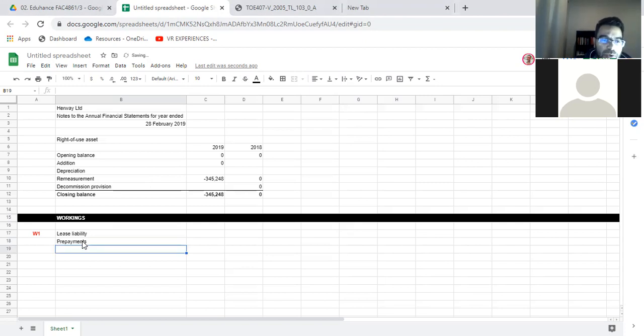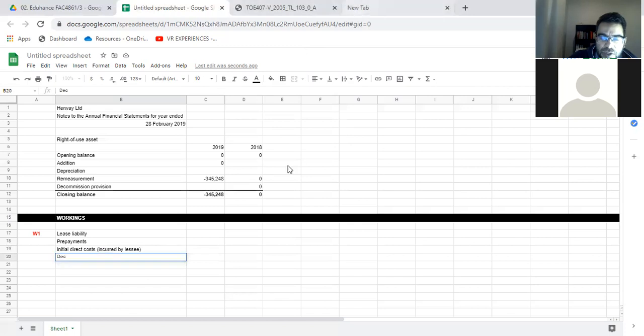And the other one is initial direct costs, but not any initial direct costs. It must be incurred by the lessee. Another scenario might give you 2 types of initial direct costs, one incurred by the lessee and one incurred by the lessor. In this case, we're only interested in the one incurred by the lessee. And then finally, it will be the decommissioning liability.